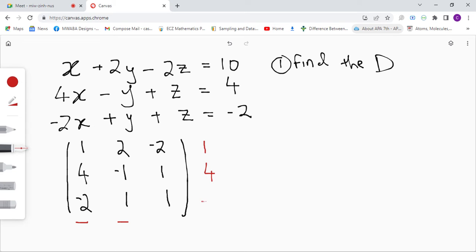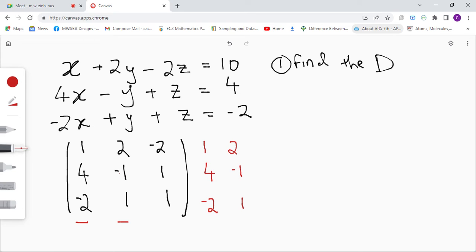So 1, 4, and -2, and then next column 2, -1, and 1. The reason we're doing this is so we can make diagonals.